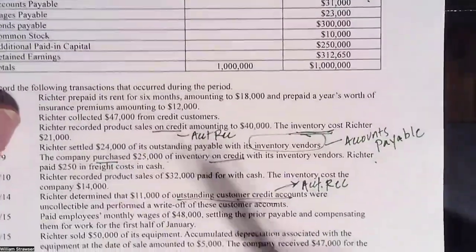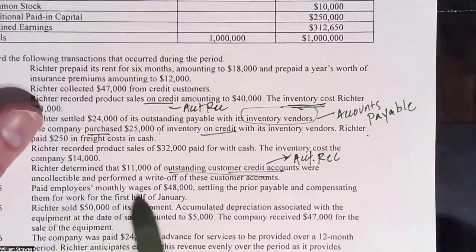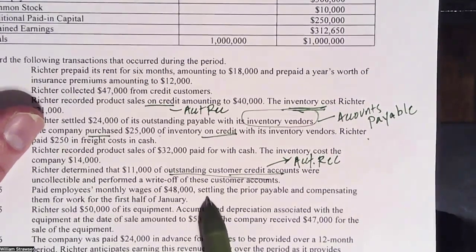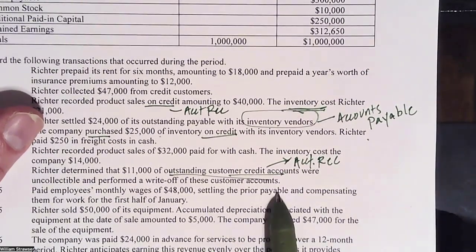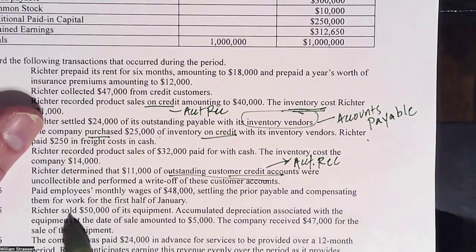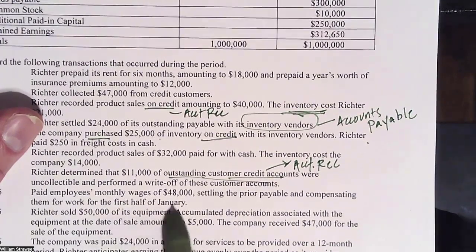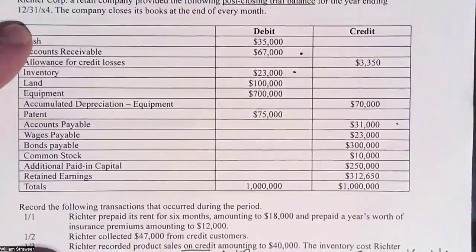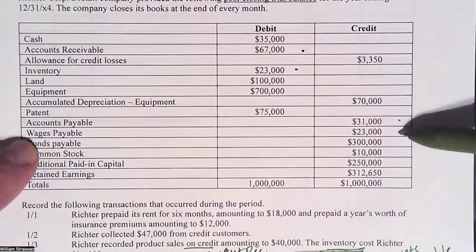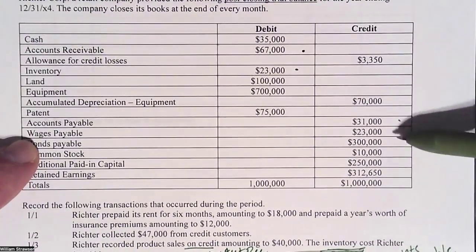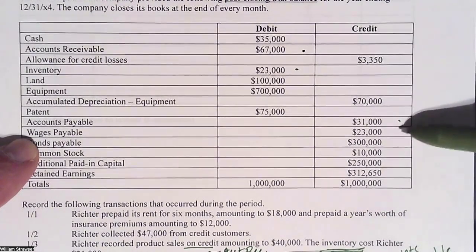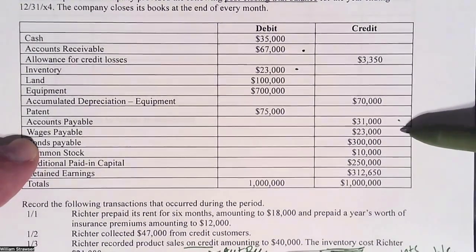The 15th says, I paid employees monthly wages of $48,000. This settled the prior payable and compensated them for work for the first half of January. So I paid them $48,000. What happened then was it said it settled the prior payable. So this wages payable that was on the post-closing balance has been paid off, right? 23,000.